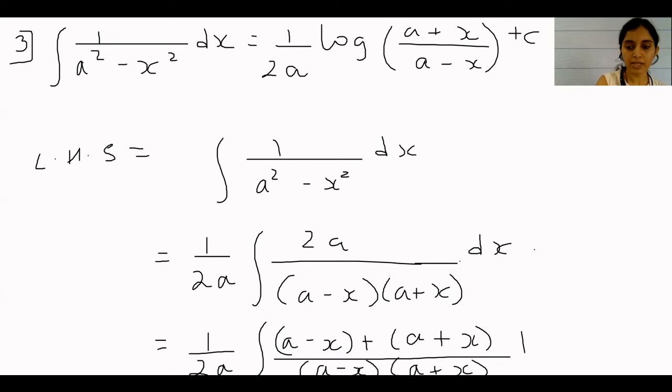Okay, so have we nullified the terms? Let's check. a minus x plus a is 2a, minus x plus x will cancel out. So yes, 2a is intact. There is no extra term that we have added. Okay, so let us separate and write the answer.